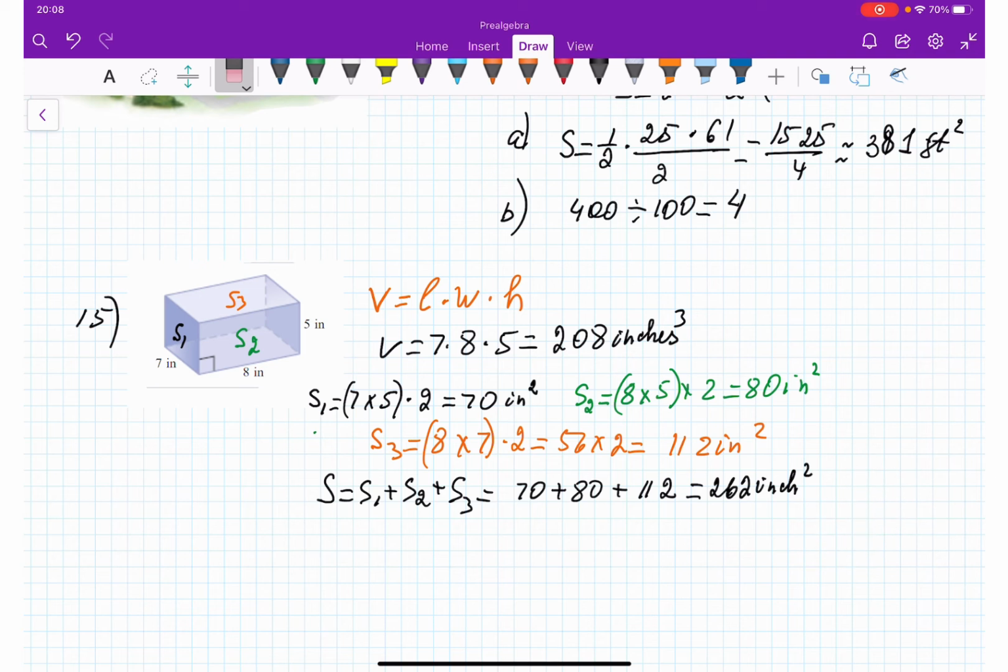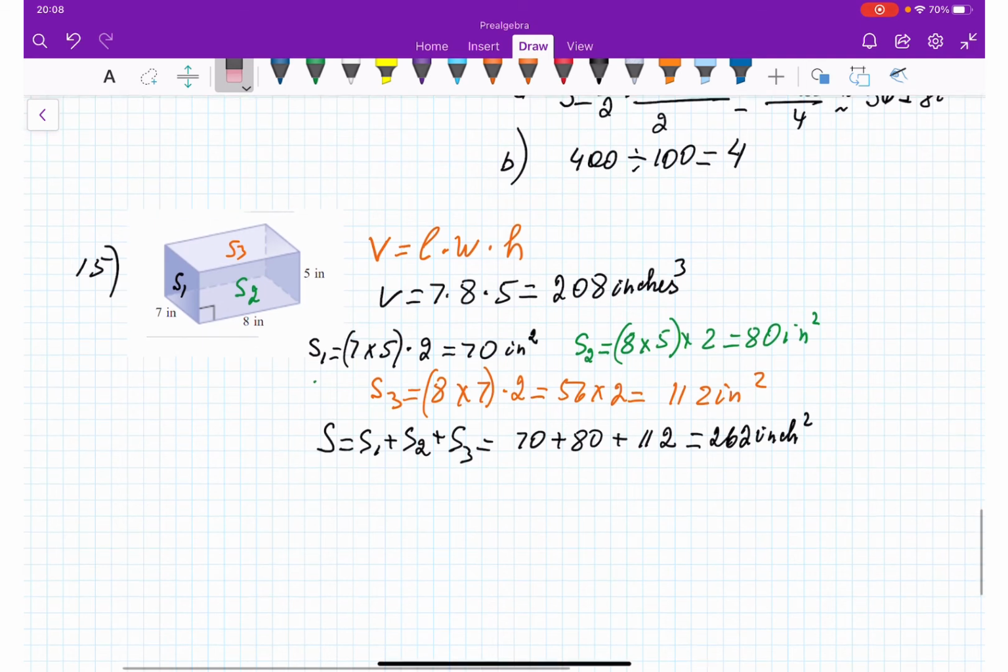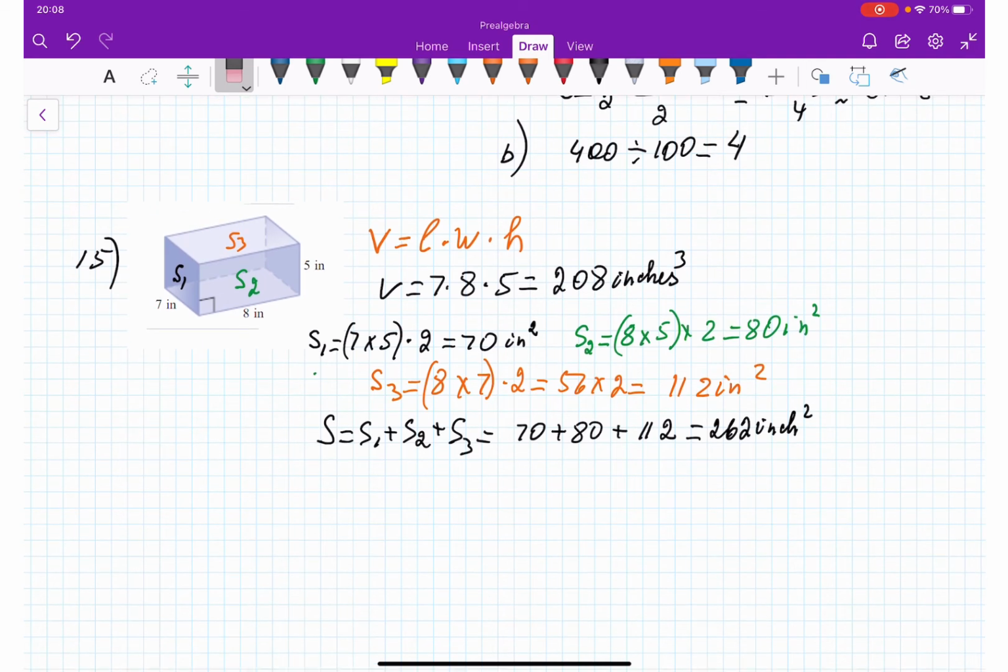Number 16. Okay, let's see. I need to take a picture of it, and it will be here pretty soon. Let me take a picture and I'll put down here.